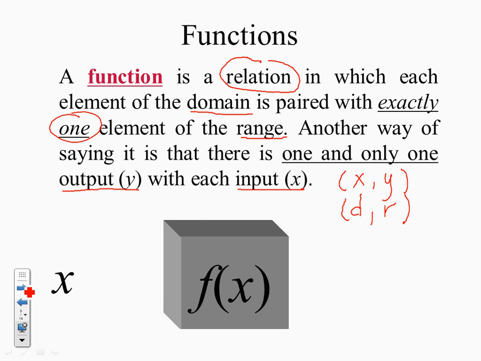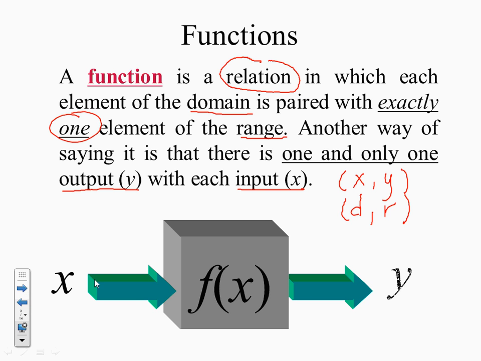So for example, when you have a function, you plug in your x, you put your input, and here comes your output, and that would be your y. So this is your domain, and that would be your range. Remember, x comes before y, d comes before r.